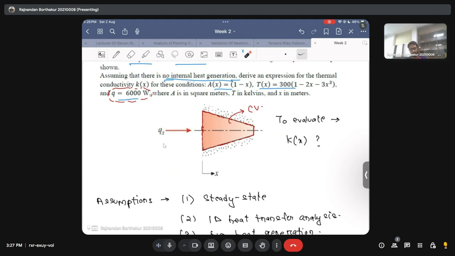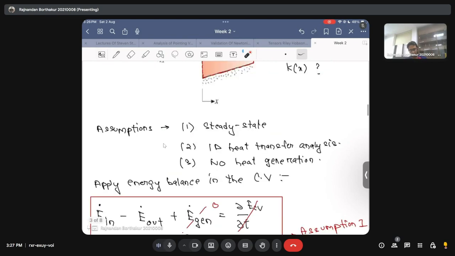What I meant is, from the energy balance, since your rate of heat transfer is constant and your area is actually decreasing, which means your heat flux will be a function of x. And since your heat flux is a function of x, your thermal conductivity will eventually turn out to be a function of x, because of Fourier's law, to be precise.